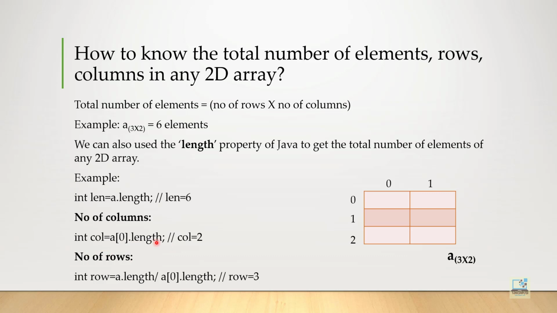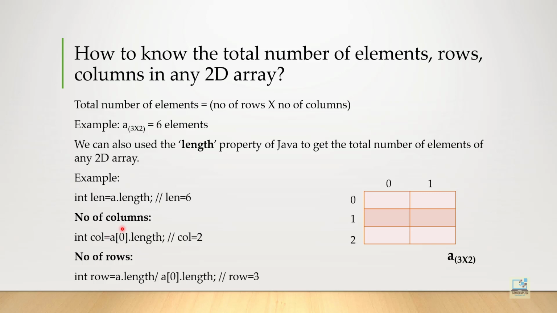As I told you previously, in fact a 2D array is nothing but a collection of 1D arrays, correct? So every row is a 1D array. If I write A[0], I am referring to the first row. If I write A[1], I am referring to the second row. If I write A[2], I am referring to the third row.